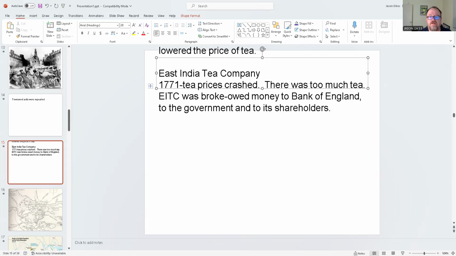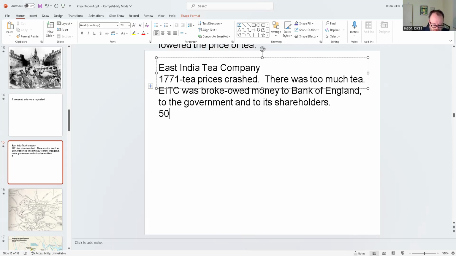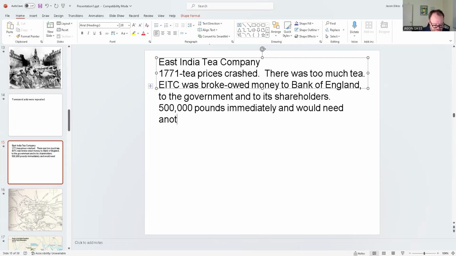Okay, it was really in serious financial trouble. It needed £500,000 immediately and would need another £2 million just to weather 1773.